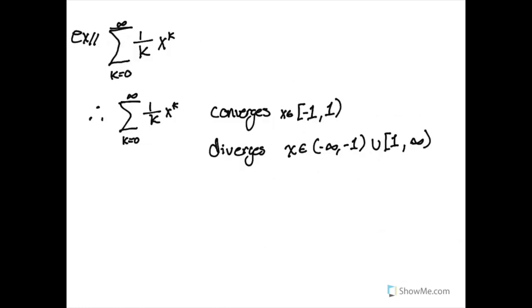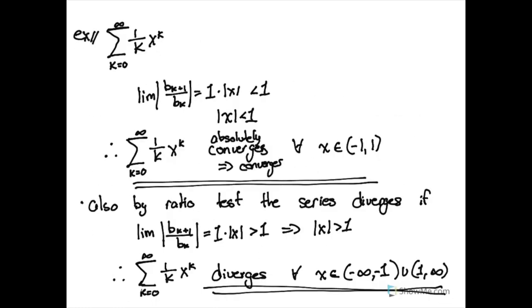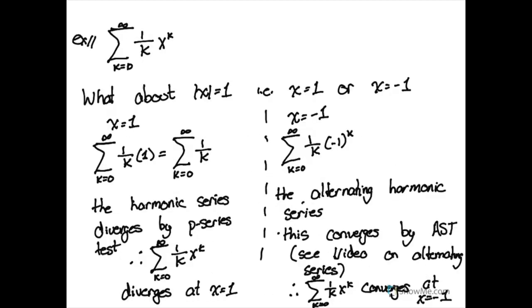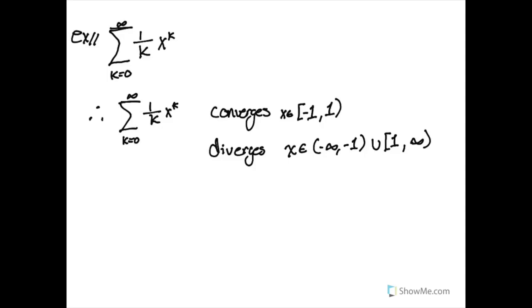So going back, if I just go back to our example that we did before, we see that the radius of convergence is 1 because the power series converges on the open interval -1 to 1, but it diverges on the interval minus infinity to -1 and then 1 to infinity.